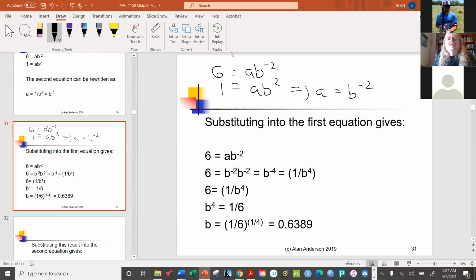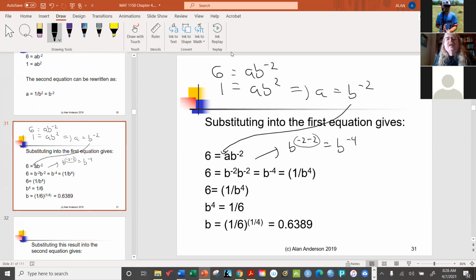So what we've done here is plug that in here. And we've got 6 equals b to the minus 2, b to the minus 2, and this equals b to the minus 4 because you're adding these exponents. And then that can also be rewritten as 1 over b to the 4th.